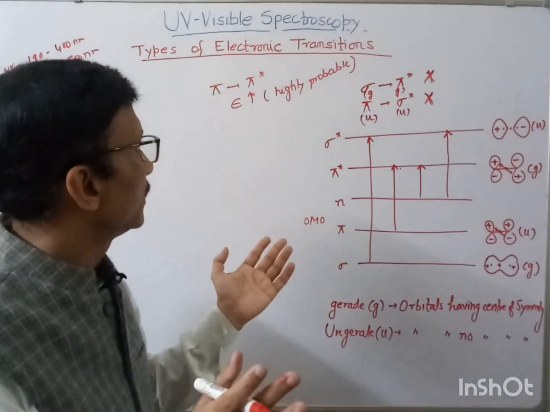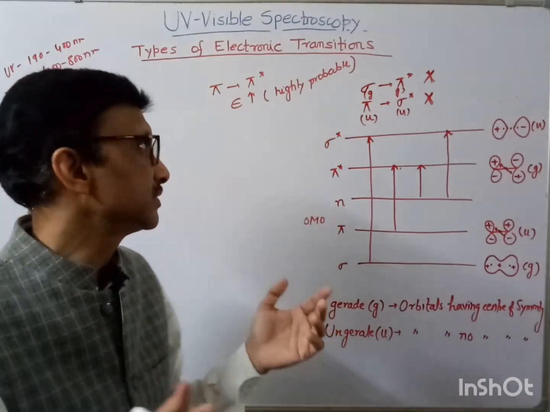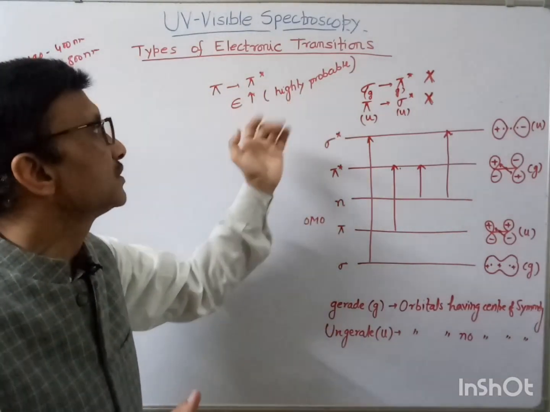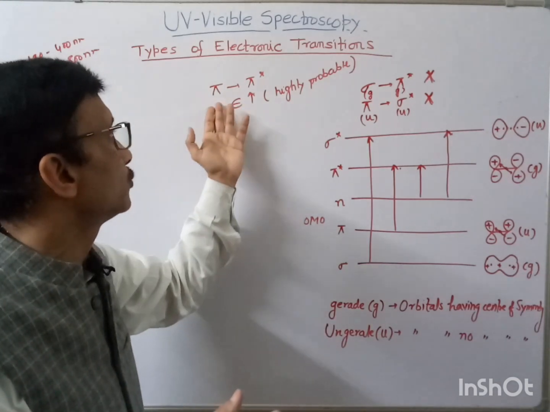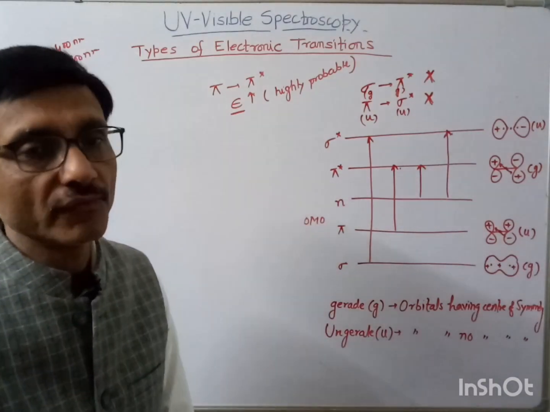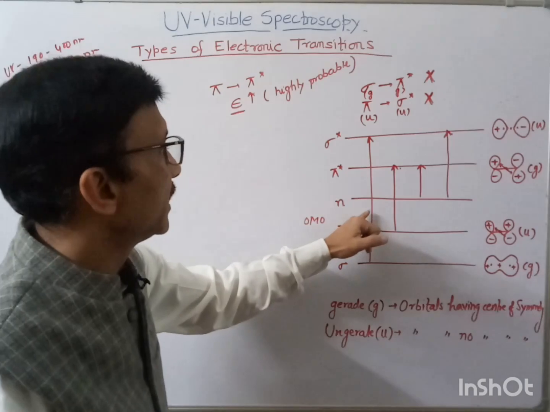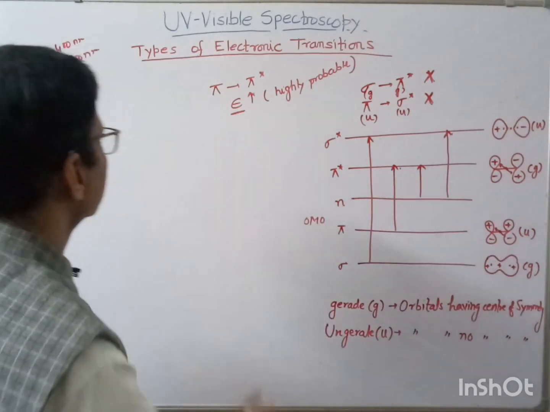That's why the excitation or transition of the electron is highly probable. So this is the reason that for pi to pi star transition, the molar absorptivity value is very high. Now the next type of transition is the n to pi star transition.